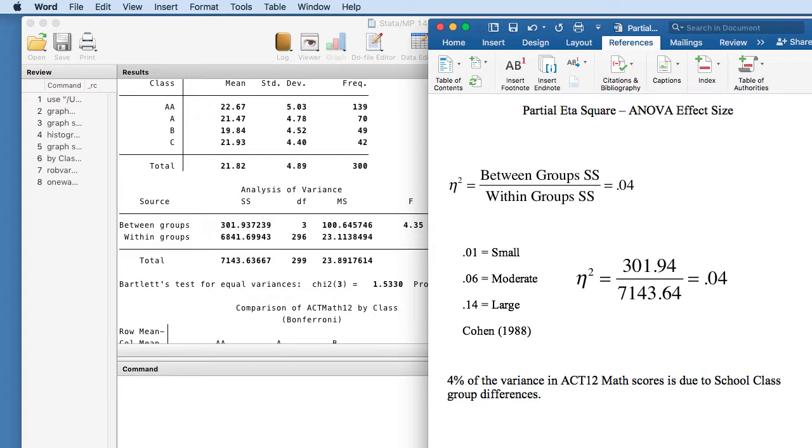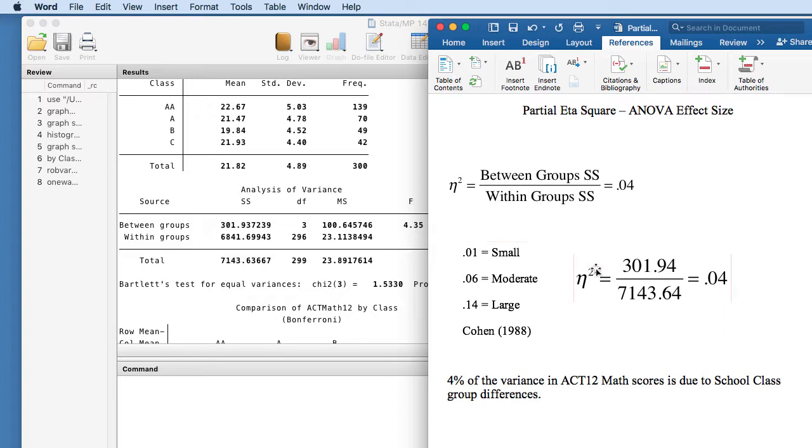So the effect size basically tells us how strong, or the magnitude of, our result. And so to get the effect size for this particular example, we divide the between groups variability, so the variability in Math 12 ACT scores, divided by the total variability.